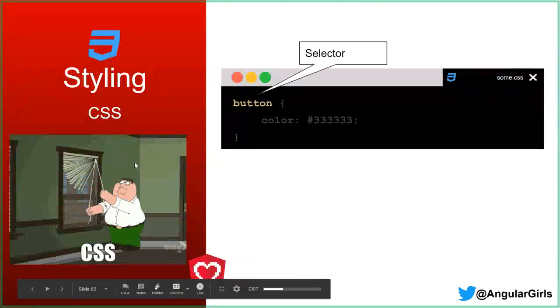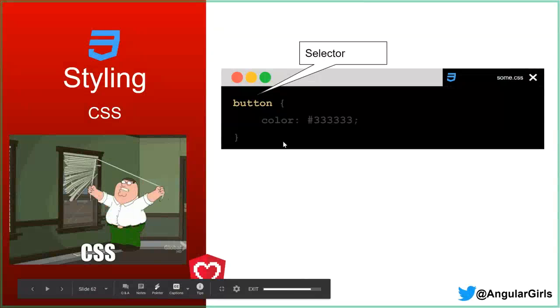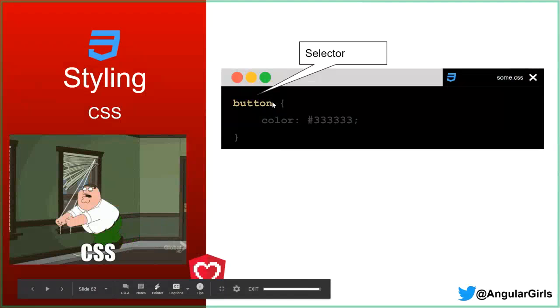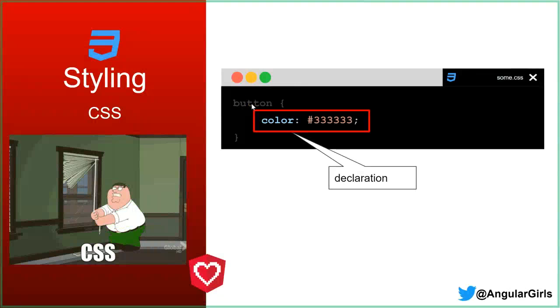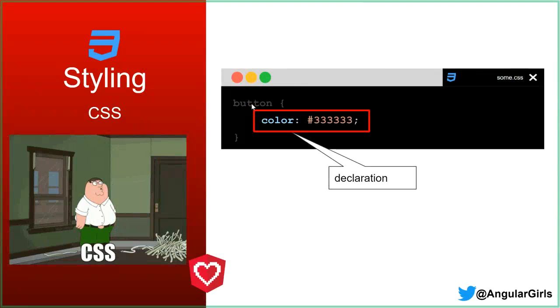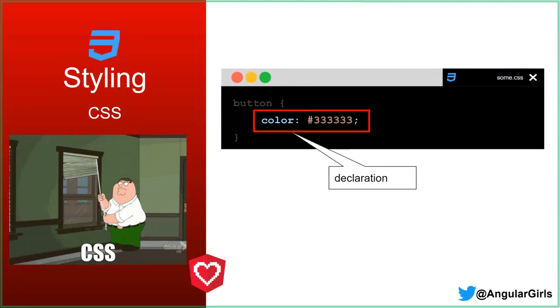So CSS consists of a CSS definition. This whole thing is called a CSS definition, and it consists of a selector and a declaration of what you want to declare.